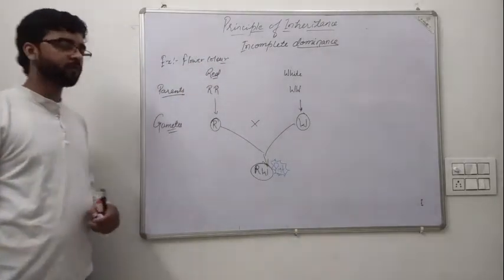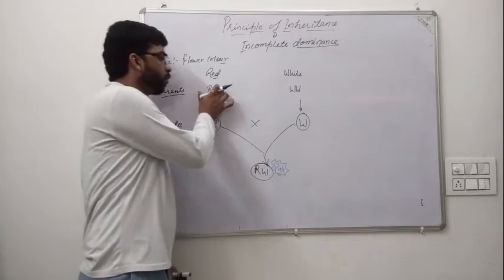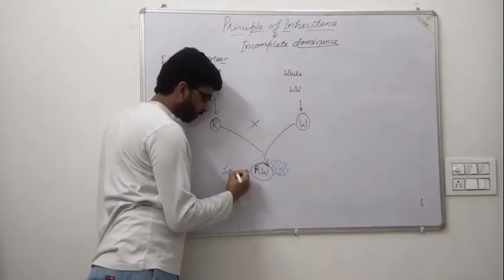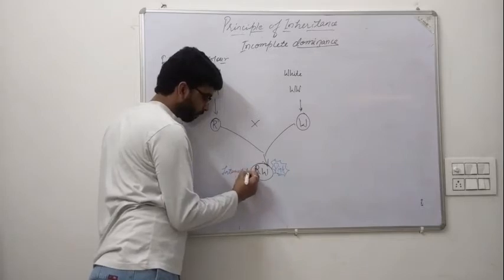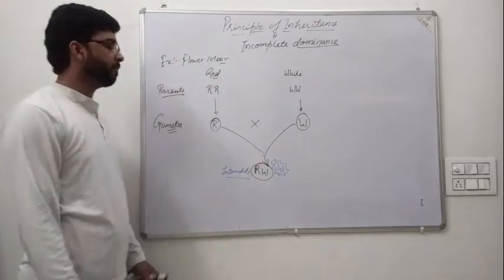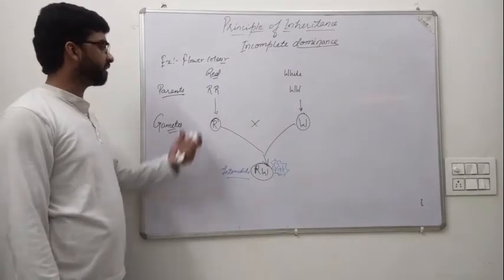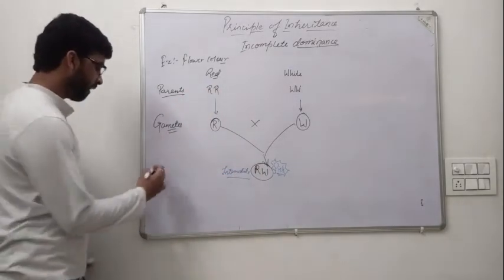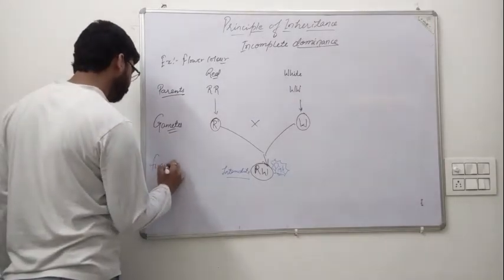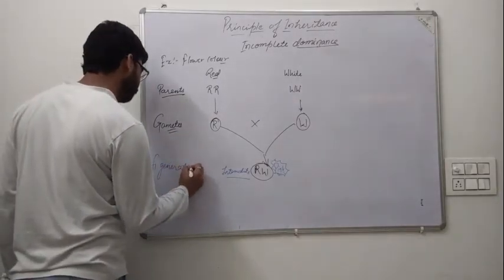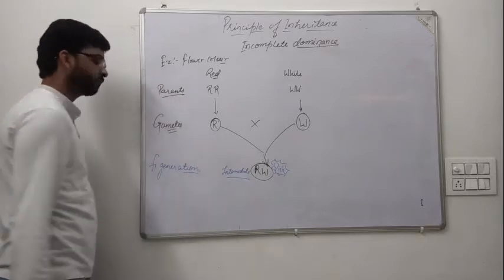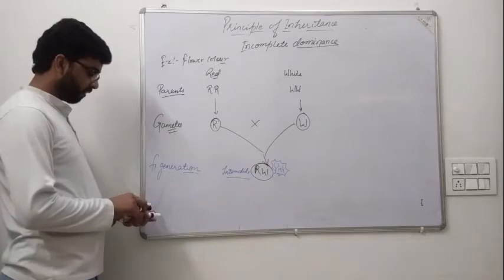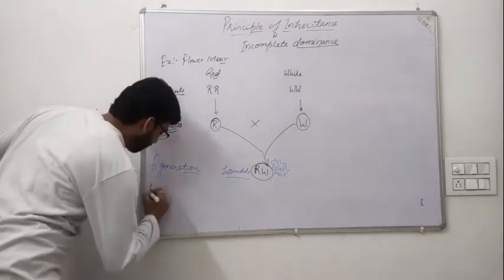What happened here? Both colors form an intermediate. That's why it forms pink color in the F1 generation.